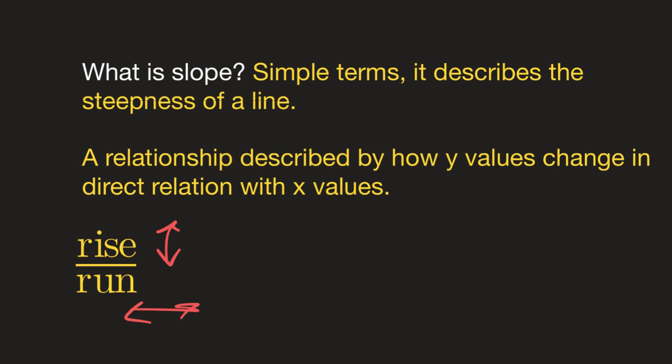Again, that relationship between y value movement up top versus x movement on the bottom, up and down versus right and left. That is that relationship, rise over run. Everybody okay with that? It should be something that we have some familiarity with. We're just going to hopefully get a good refresh on it.